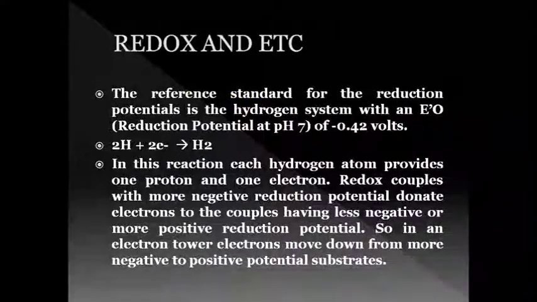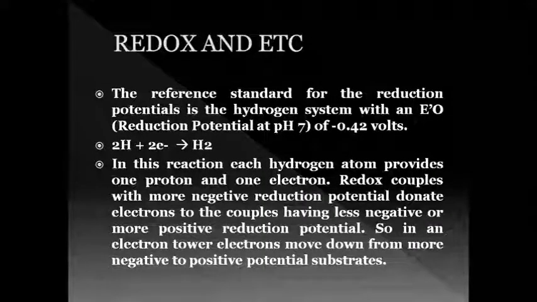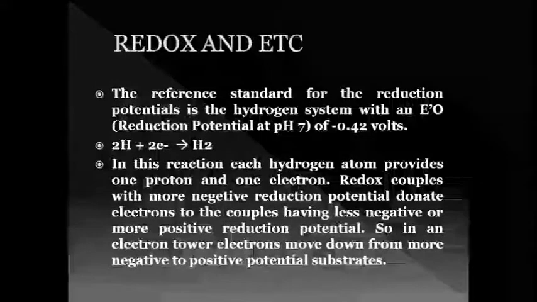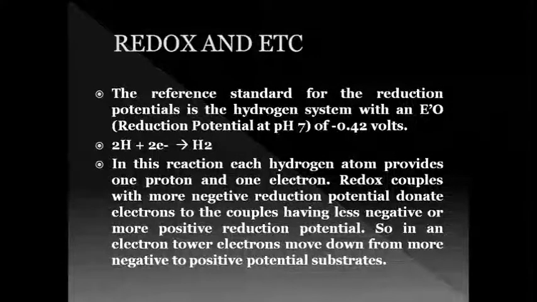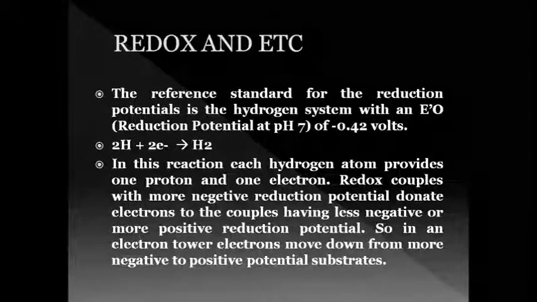The reference standard for reduction potential is the hydrogen system, where E0, the standard reduction potential of the hydrogen system at pH 7, is minus 0.42 volts.